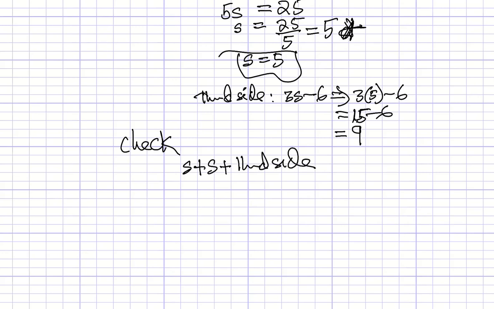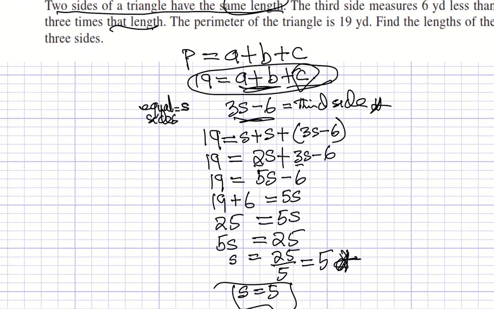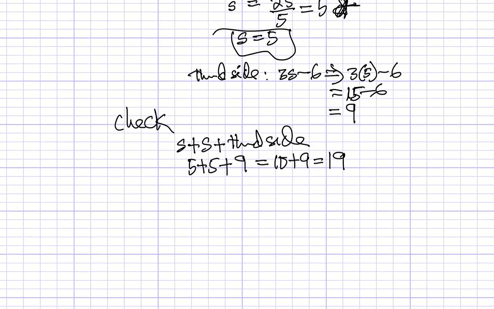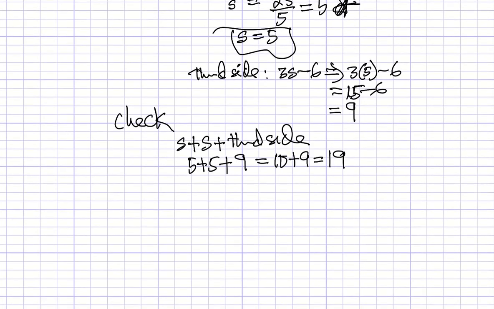Remember what we got? We got 5 plus 5, because the two sides are equal, plus the third side, 9. That's 10 plus 9, which equals 19. Is that what is given? Yep. See? Perimeter is 19. So we are done with this problem.